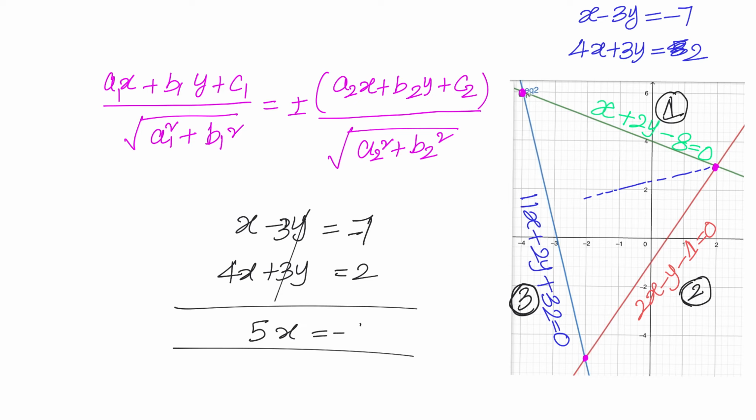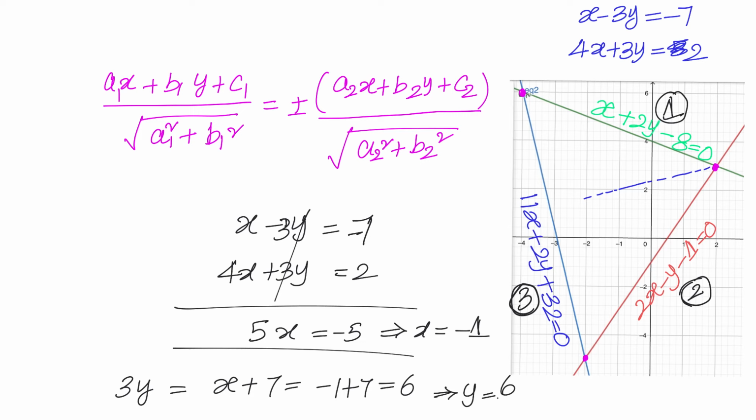We get 5x equals minus 5, that will give us x equals minus 1. If x equals minus 1, then 3y is x plus 7, that is minus 1 plus 7, which equals 6. That will give us y equals 6 by 3, that equals 2. So the point is minus 1 comma 2, that is our incenter.